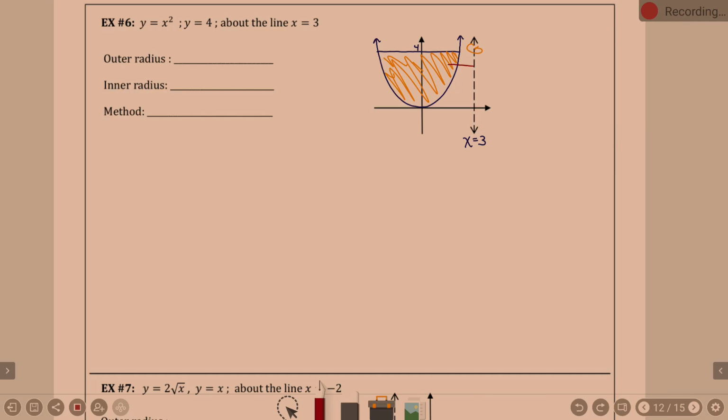So right here, there's my big R, yes? Little r is from the line there, out there. It's kind of weird, isn't it? It is. Because it's the same curve in both places.